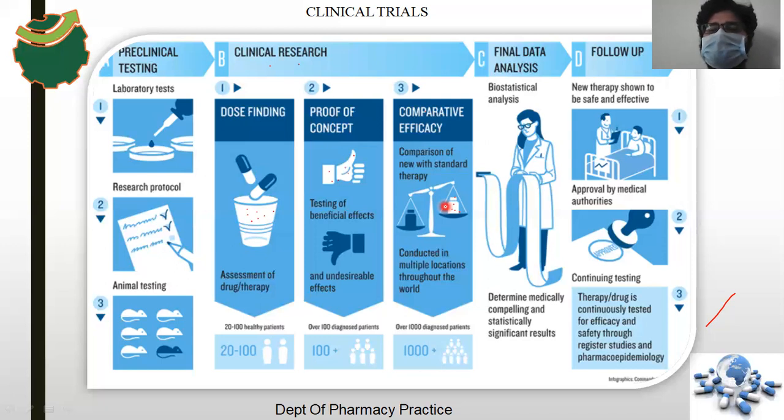Take the example of ciprofloxacin and cephalosporins: generation 1, generation 2, generation 3, generation 4, generation 5 also. Each generation of cephalosporins has specific effectiveness and specific drawbacks. Some are active against gram positive, some against gram negative, and some against both gram positive and gram negative.